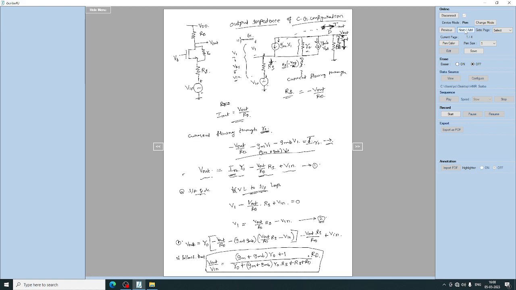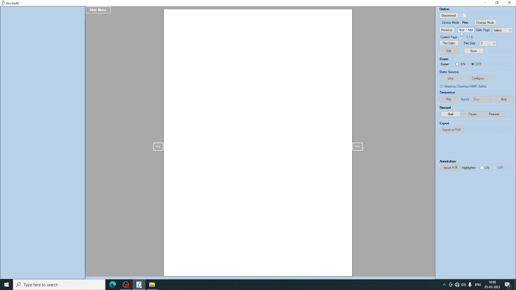Continuing to find out the input impedance and output impedance. First we'll go with the input impedance.